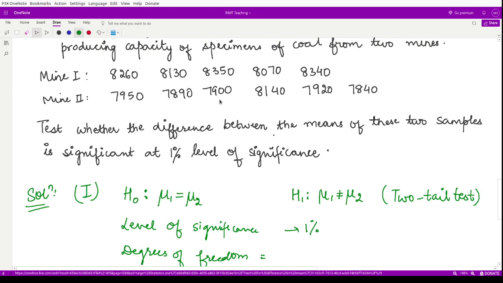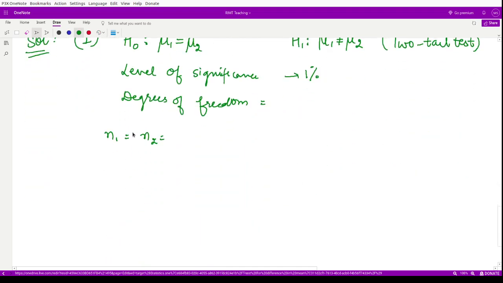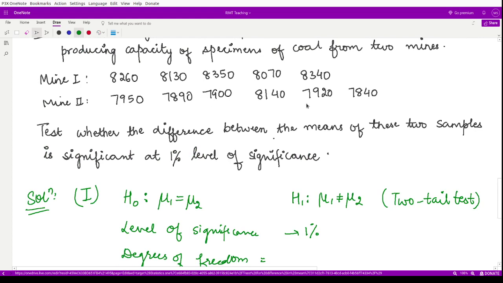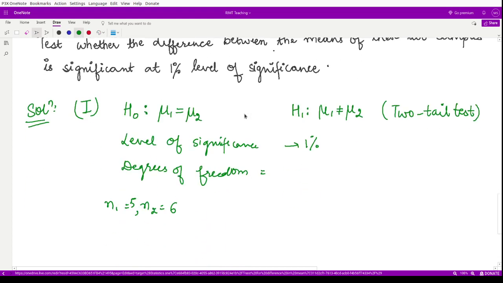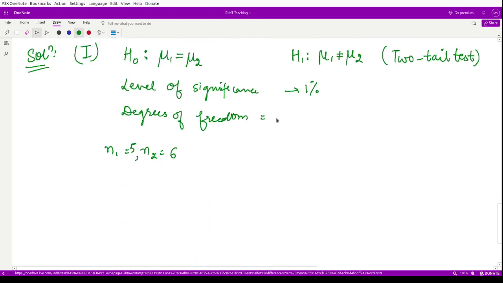We have 5 members as N1 in the first sample, so N1 is 5, and N2 is 6, because there are 6 members present in the second sample. Therefore degrees of freedom is given by N1 plus N2 minus 2, that is 5 plus 6 minus 2. So in this case you have 9 degrees of freedom.